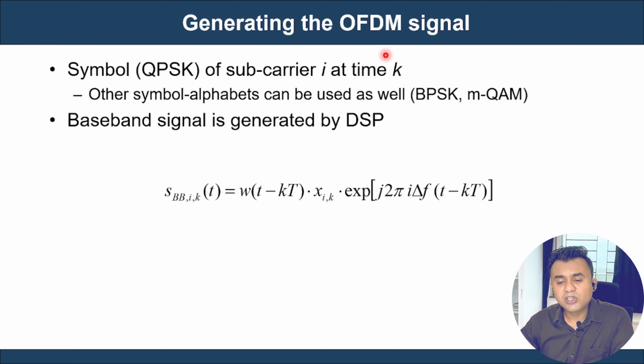How do we generate the OFDM signal? The symbol can be QPSK, BPSK, QAM, any. Let's take a particular symbol and put it on a particular subcarrier i at the time k.